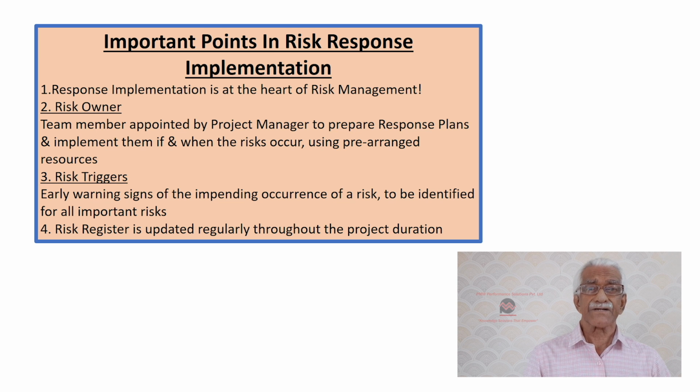Here is where we implement them as and when the risk occurs. How do we know that the risk is going to occur? There's a concept called triggers, risk triggers. These are early warning signs, and these have to be identified by the project team for the important risks. When they happen, you know the risk is going to happen.